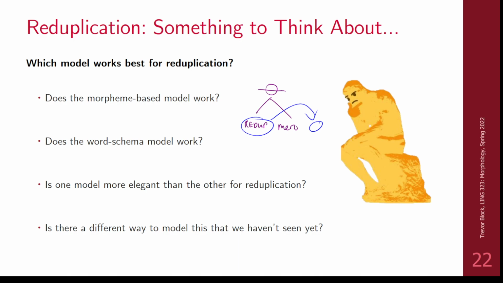We have some problems there. The word schema model absolutely works. And it does seem more elegant than the morpheme-based model, because with the morpheme-based model, we have to do some weird things to make it work. And near the end of the course, when we talk about morphophonology in detail, we'll see another way to do reduplication that might be more elegant than the word schema model. That'll be up for you to decide.